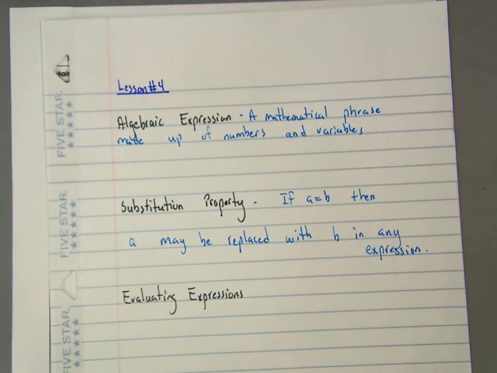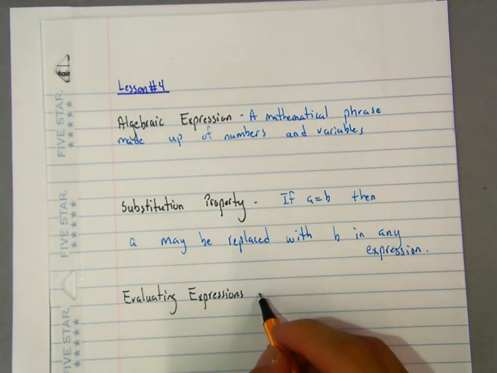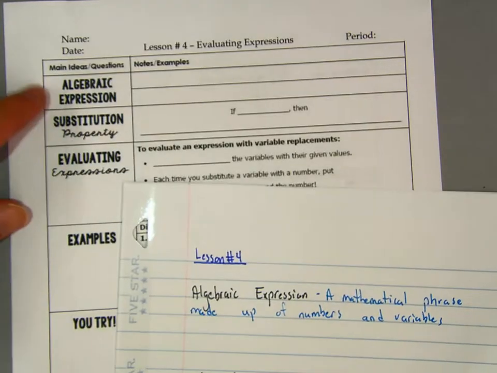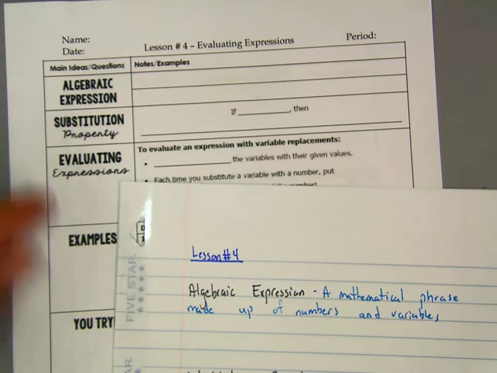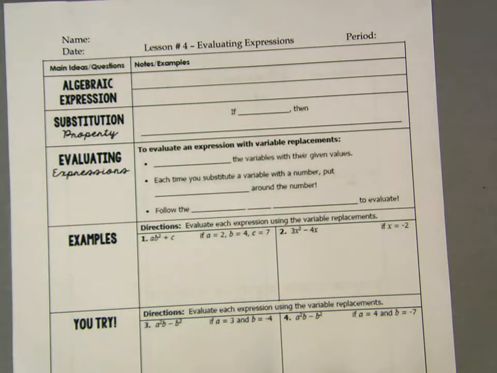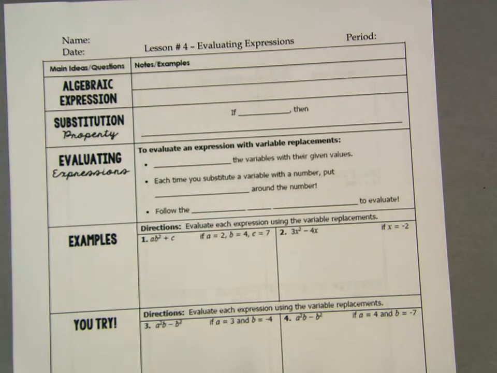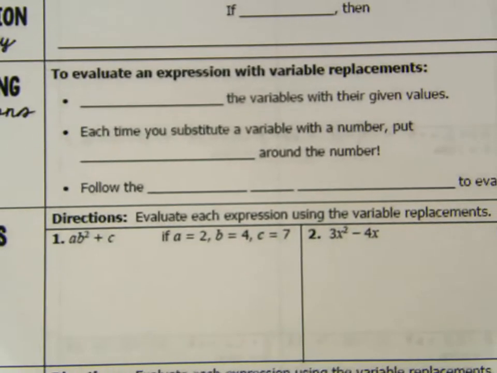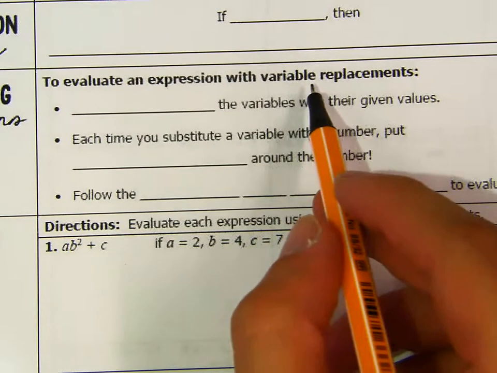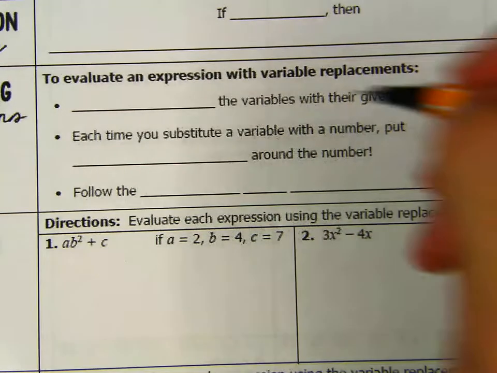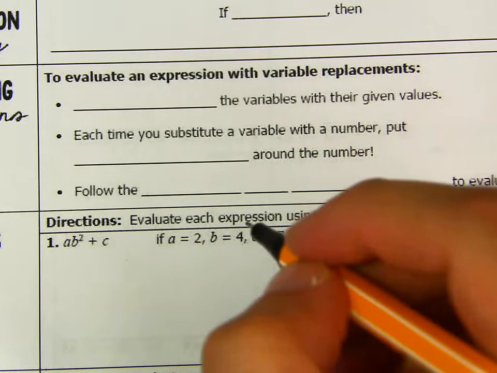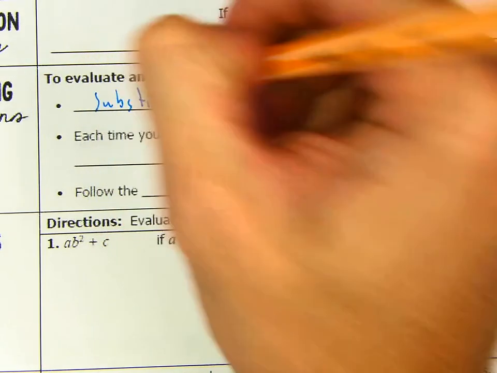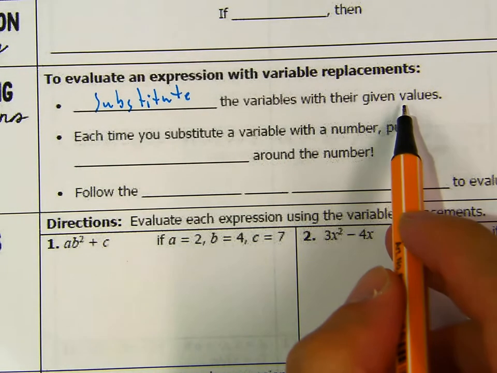Okay. And here, for this part, evaluating expressions, we'll go through it right now. So here, this will be the first part of the lesson. This is the second part. And here, to evaluate expressions, let's take a look at this paper over here. So to evaluate an expression with variables and replacements, what we do is substitute the variables with their given values.